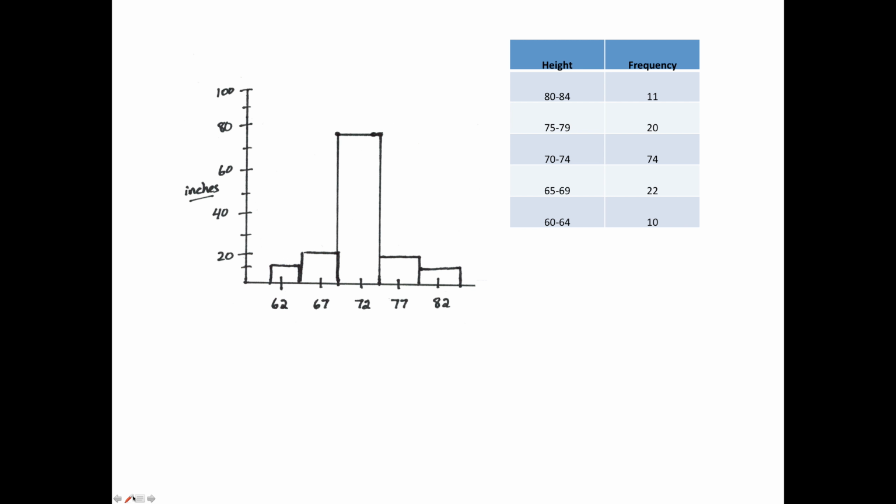Sometimes people will write on the top of the box, this is going up to 10, this is going up to 22, etc. You don't have to do that part, but sometimes people like to do it. And that concludes the section.